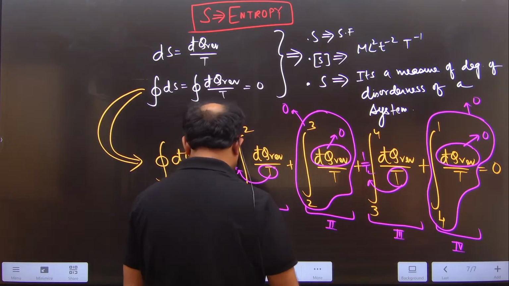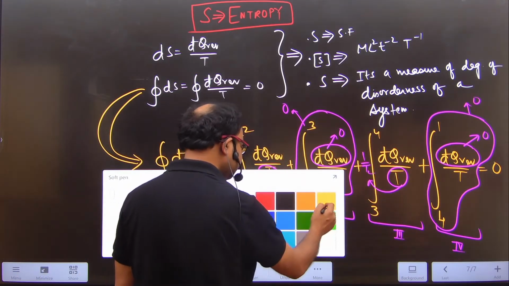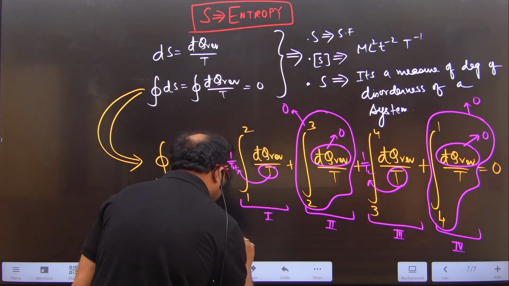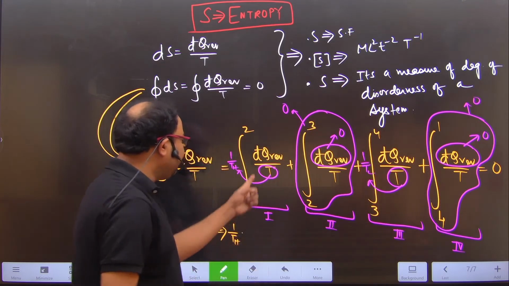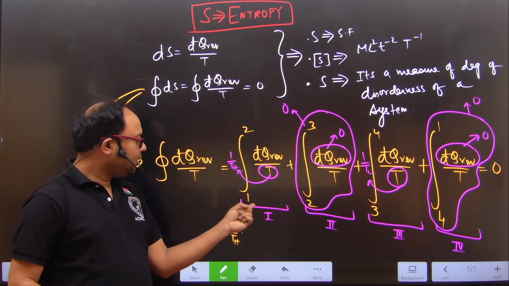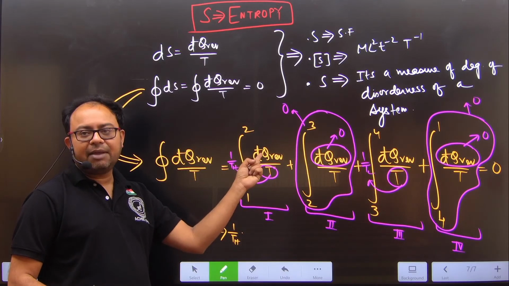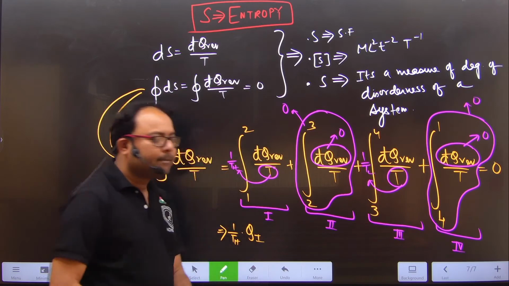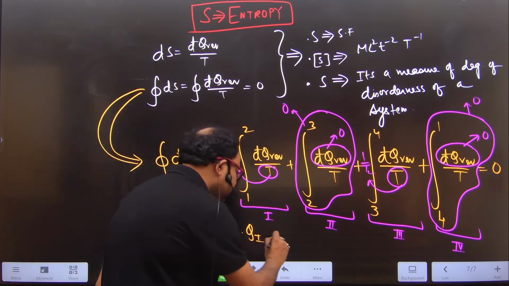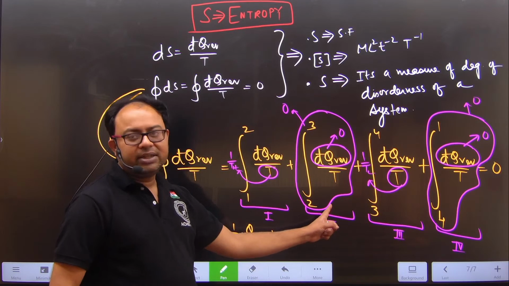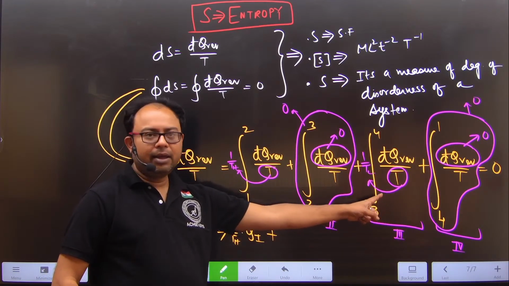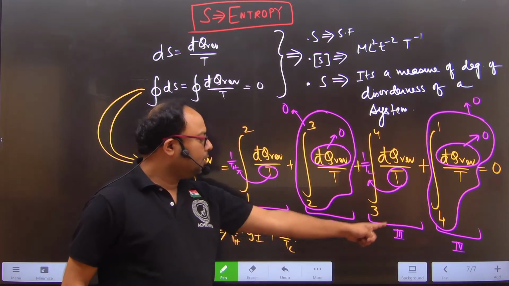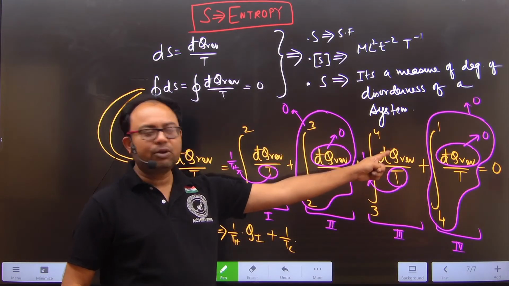So what have we got? We have got 1 by TH multiplied by Q1, since for step 1, heat is Q1, plus, 2 is 0. Let's move on to 3. Again, you have got 1 by Tc outside. For step 3, Q is Q3.